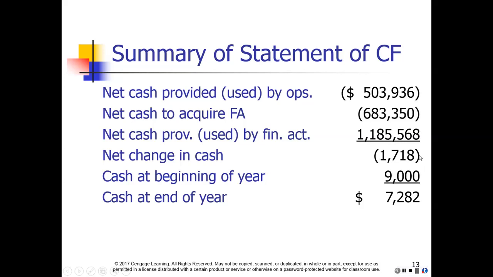So net change in cash is negative $1,718, and that will explain the difference between the beginning of the year cash balance and the end of the year cash balance.